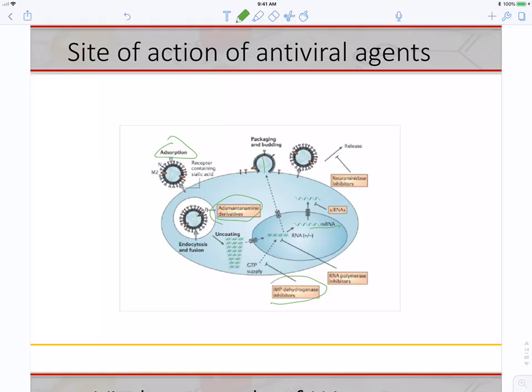So we have two classes of compounds that act by preventing the synthesis of positive stranded RNA from single-stranded one at two levels, either by targeting the GTP supplier or by targeting RNA polymerase. And then we have the most important and most common, neuraminidase inhibitors, that prevent the release of the mature virus into the environment.